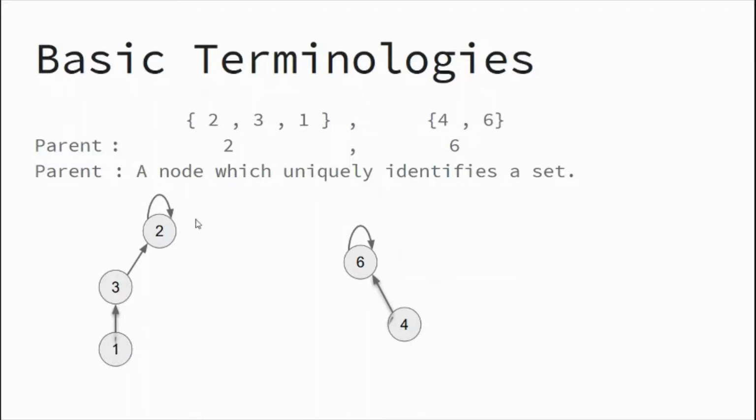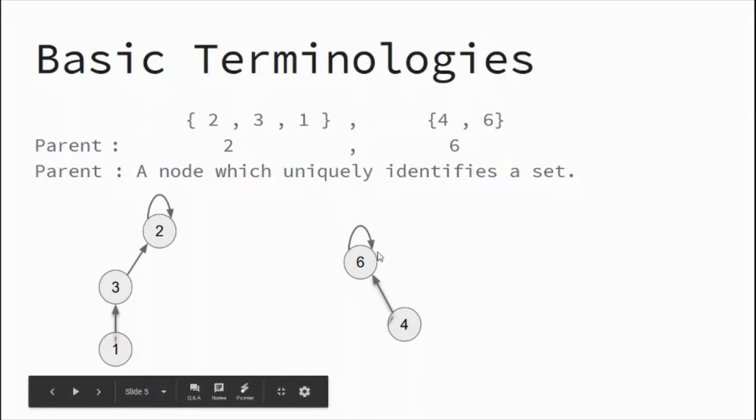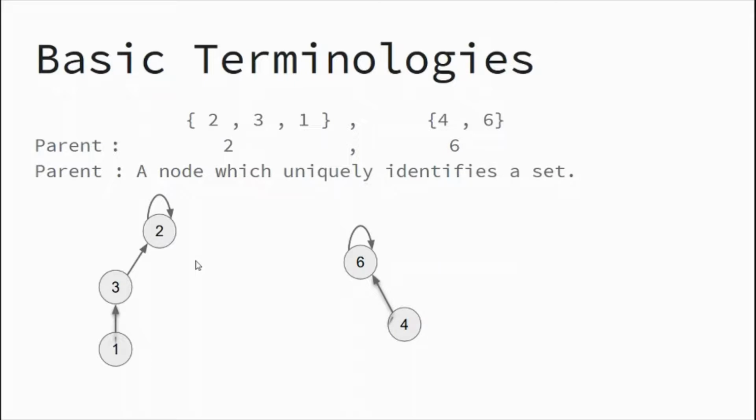So 2 is pointing to itself, that is why 2 is the parent of the first set, and 6 is pointing to itself, that is why 6 is the parent of the second set. And we can see that these three belong to the same set because they all are in the same connected component, while these two are in the same connected component, hence represent a single set. So this is the conceptual representation of disjoint set.